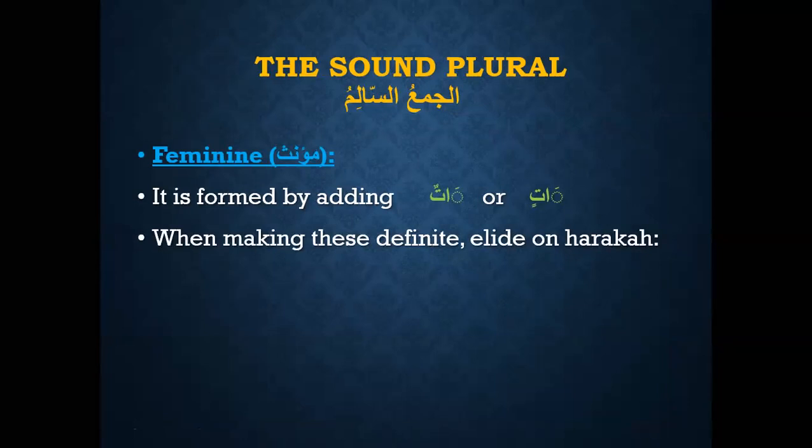If you put al before it, it would be just one of those signs: al muslimatu, al muslimati. Muslimatun becomes al muslimatu, because you cannot have al and tanween together. This is tanween, two dhammas. You can have either this or that, not both.